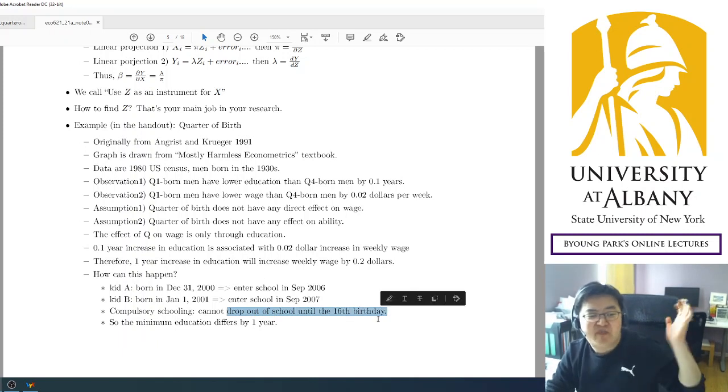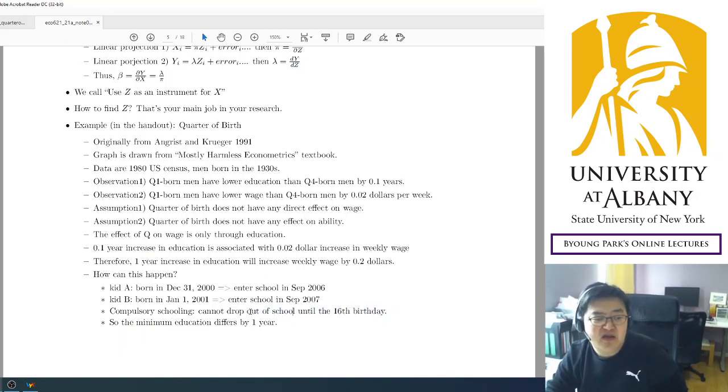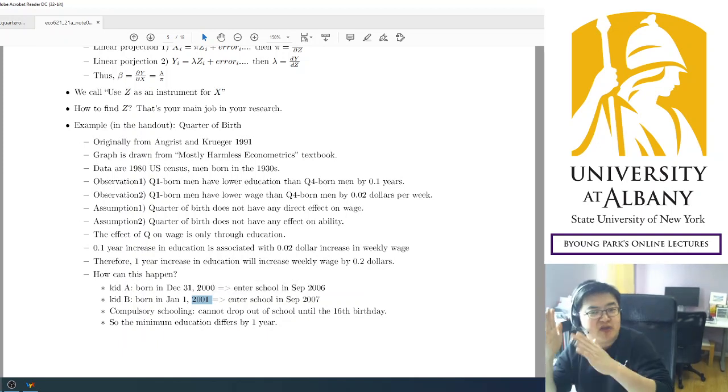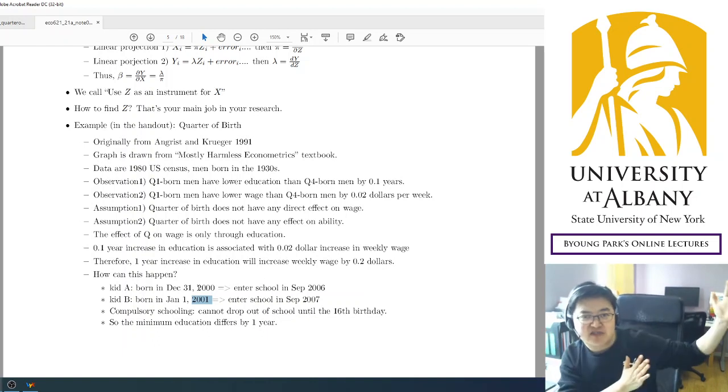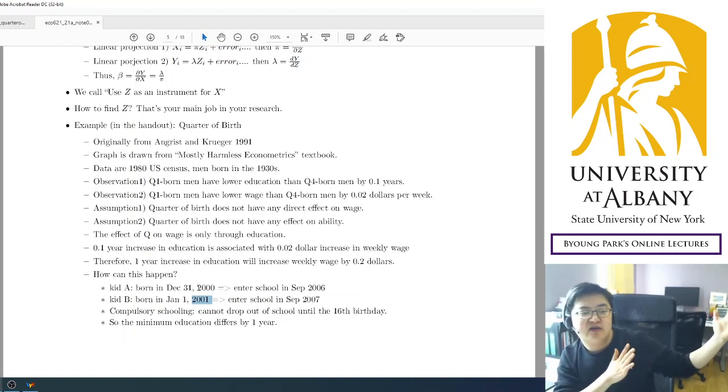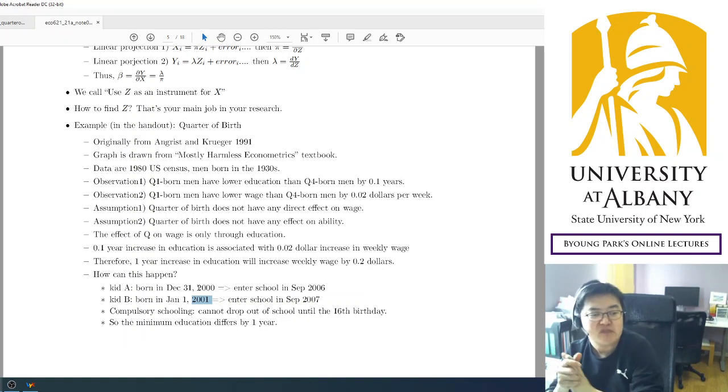If they drop out on their 16th birthday, then the end point could be the same. So kid A can drop out of school on December 31st, 2016, and kid B can drop out on January 1st, 2017. So the last day in school could differ by 1 day, but the starting point differs by 1 year.